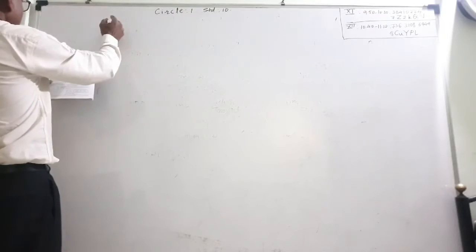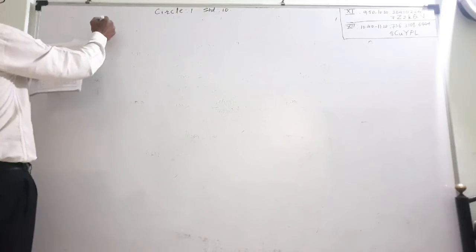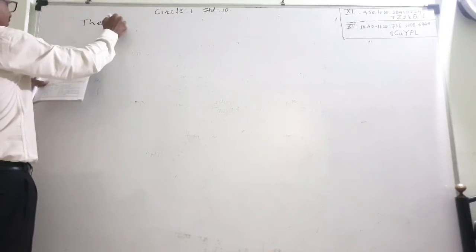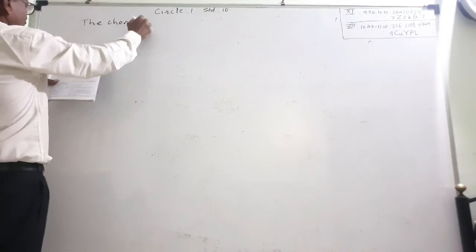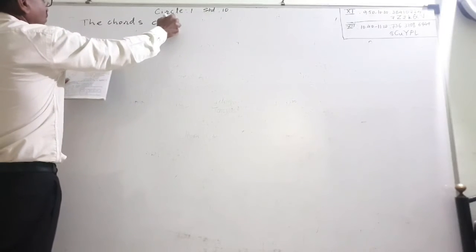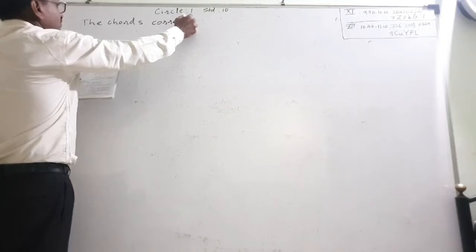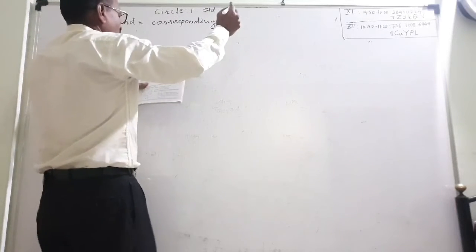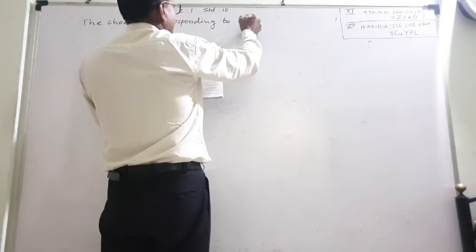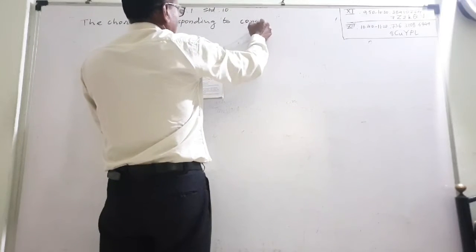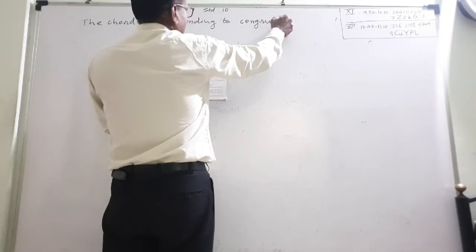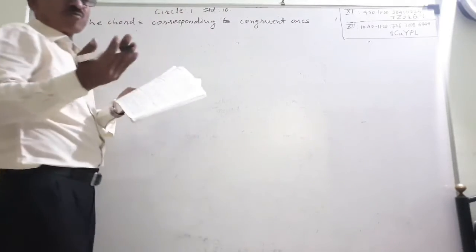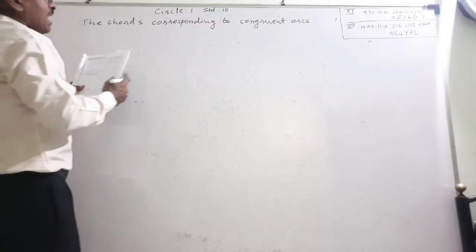Page 61, the chords corresponding to congruent arcs of a circle or of congruent circles are congruent.